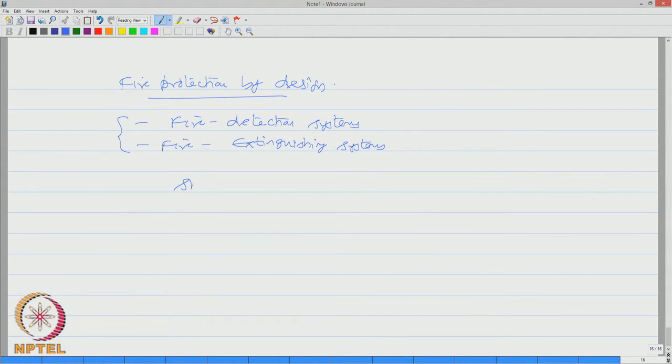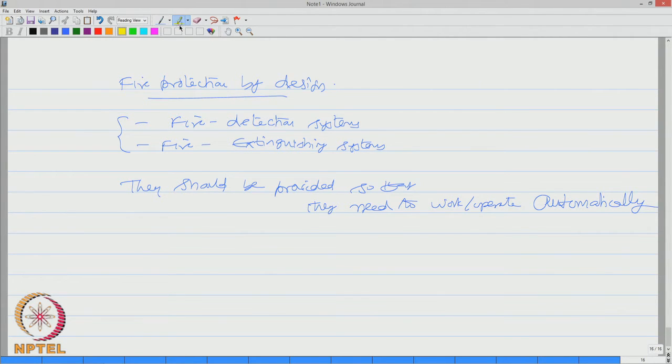Both of them should be provided so that they need to work or operate automatically.